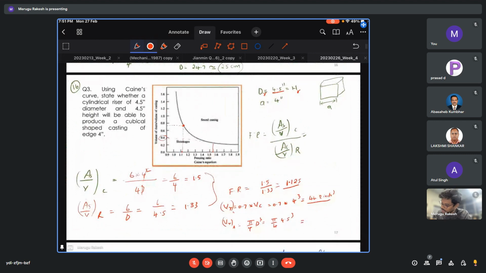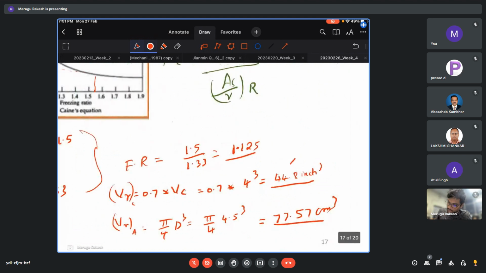If I do this, I am getting 77.57 inch cube. Okay, 44.8 is the minimum volume required to compensate for the shrinkages. But the actual volume that we used is 77.57. So it is well above the limit.